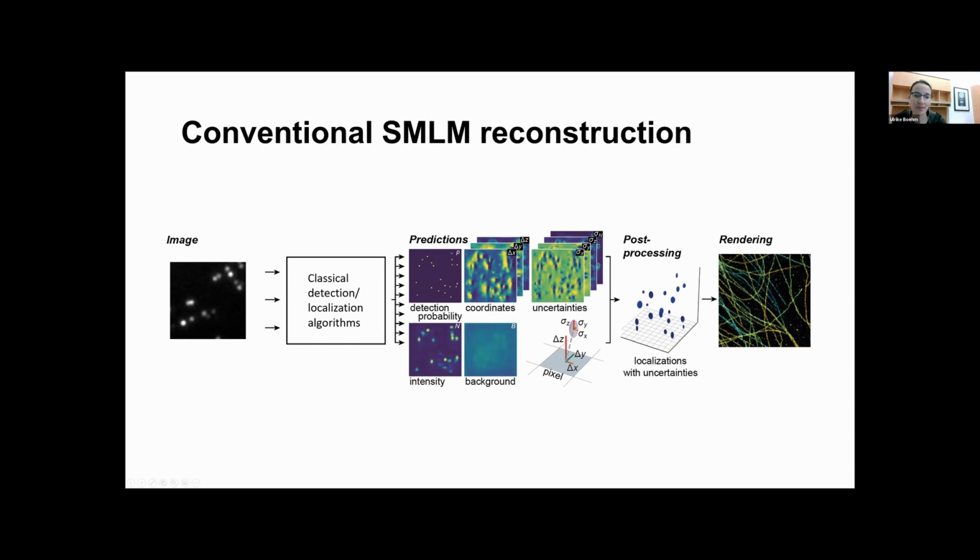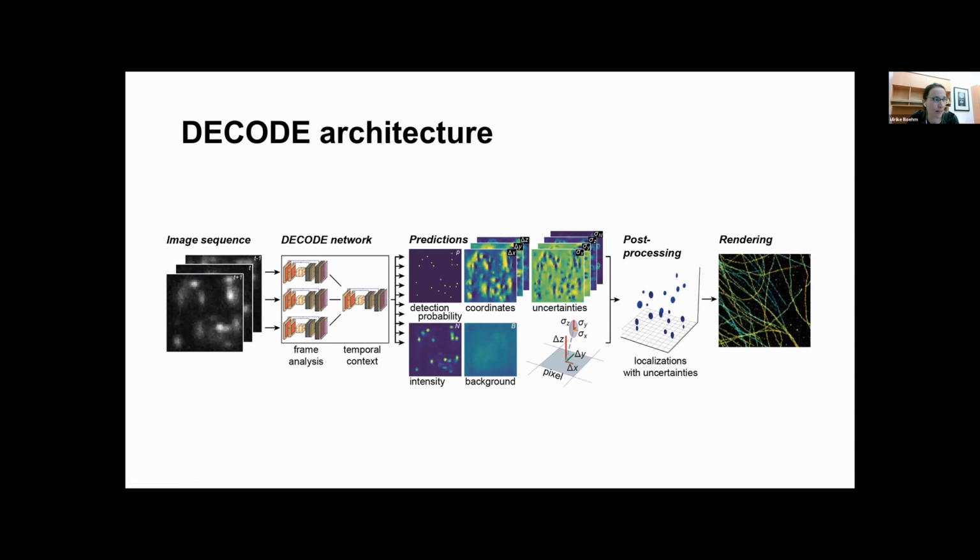But what has also been said here is that this entire part for the detection and also the localization is something which is very, I would say, stiff. It does not really adjust to whatever data set you have or whatever underlying conditions you have. Therefore, the difference with DECODE is the following. First of all, instead of just taking one image into account, you take the temporal context per image into account.